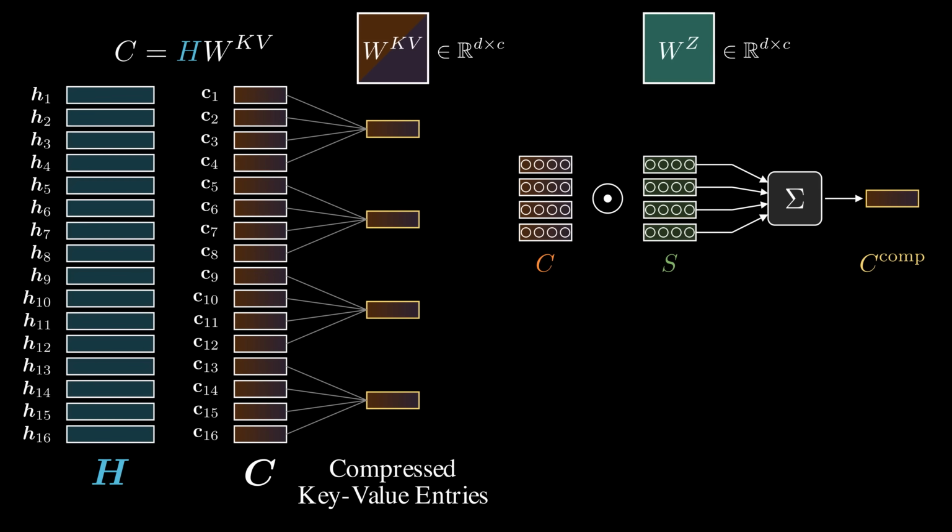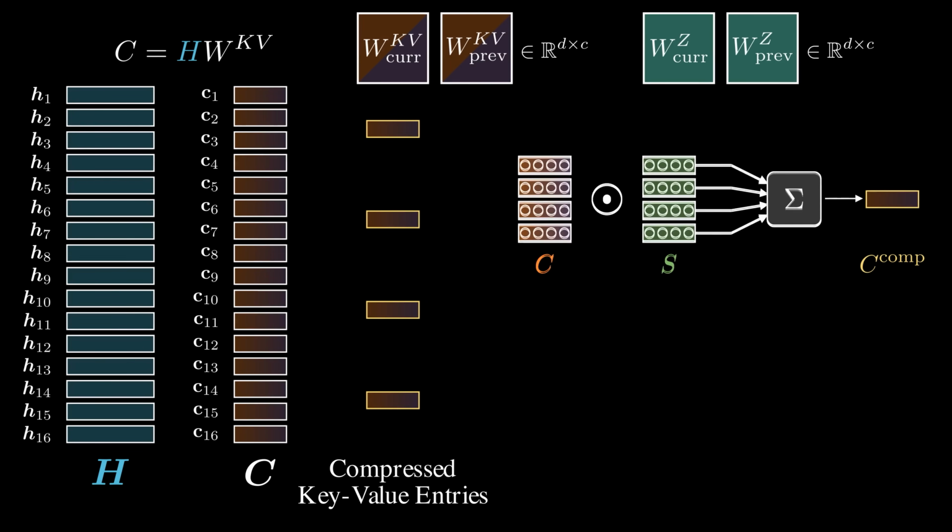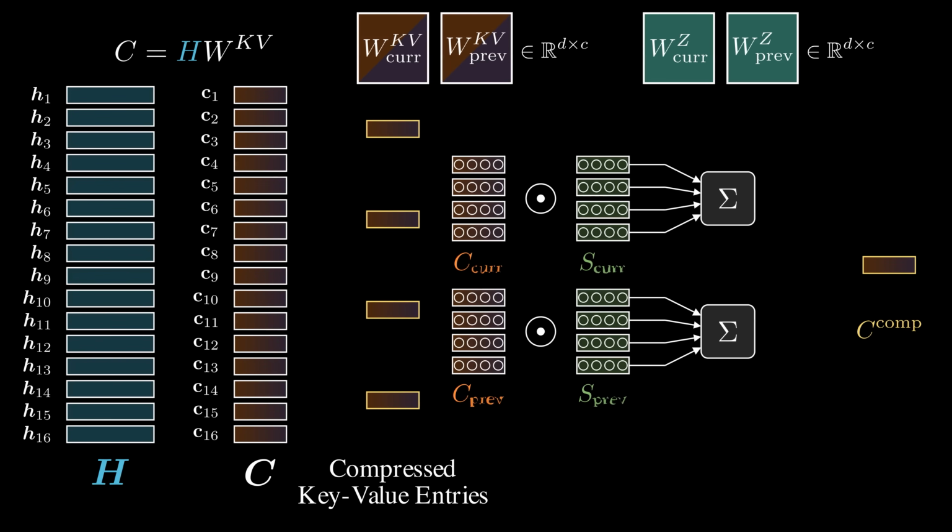To address this limitation, we incorporate overlapping groups of vectors, allowing each compressed entry to draw context from both its current group and adjacent groups of key value vectors. We first expand the key value vectors and the corresponding weight matrix for the previous group, so that each key value vector is included in multiple overlapping windows.